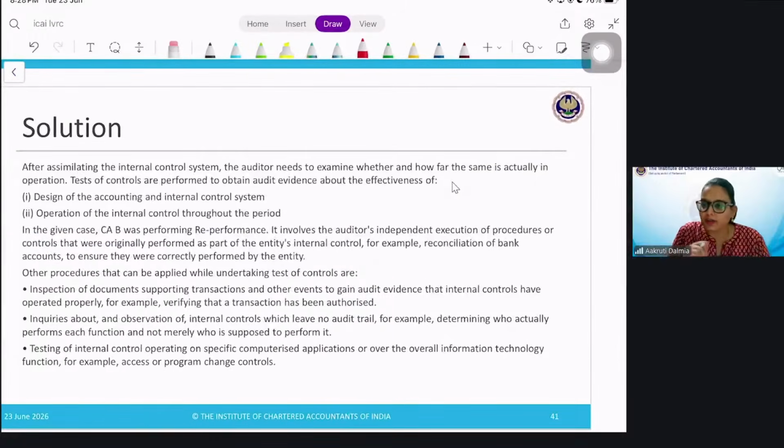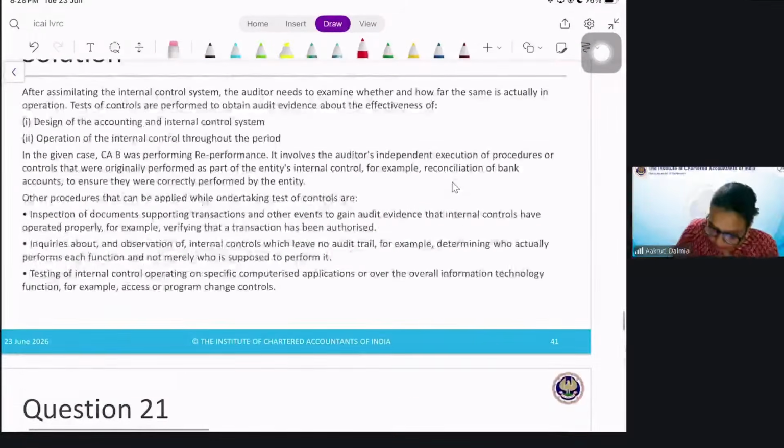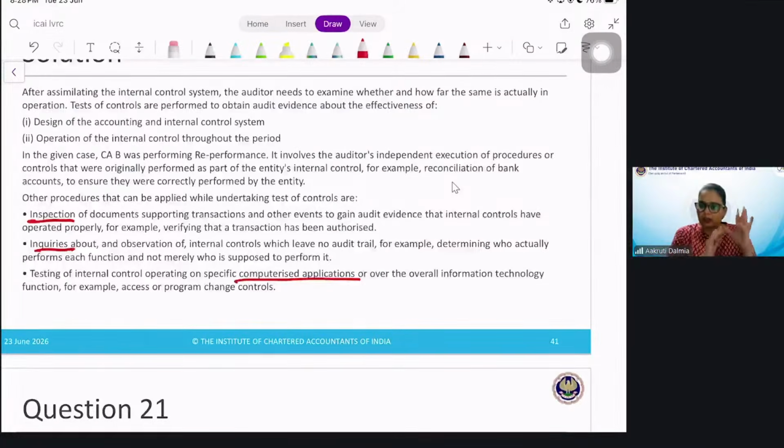So this is also given in the book. So first comes inspection, inquiries, and computerized application you can check. If you remember in the book, it's clearly given that if you want to check internal control, you can do four things. You can go and inspect the internal control. You can go and ask about internal control.